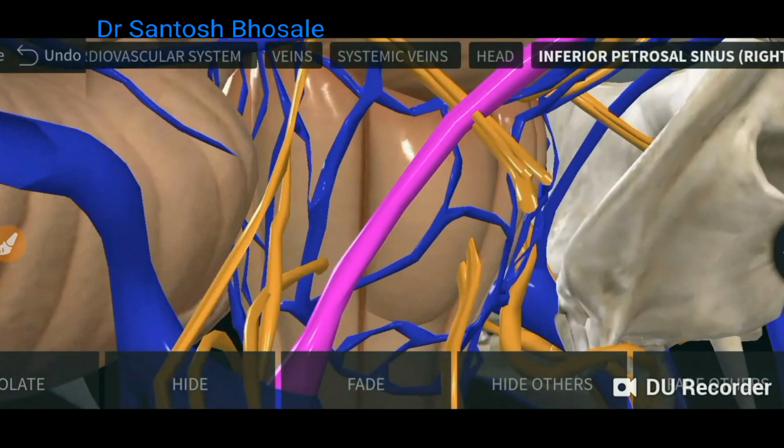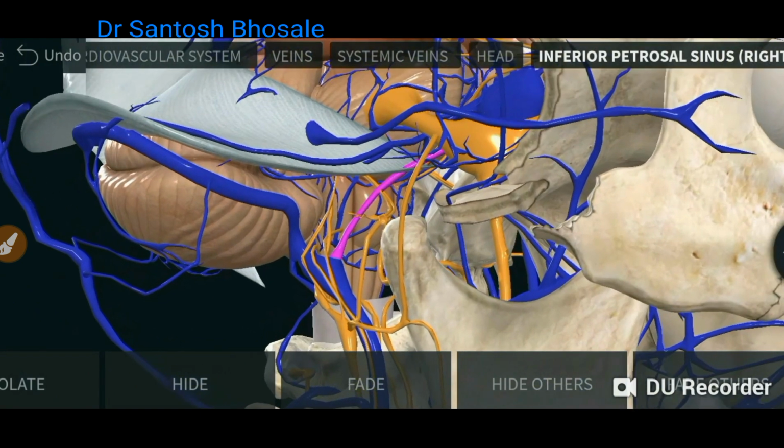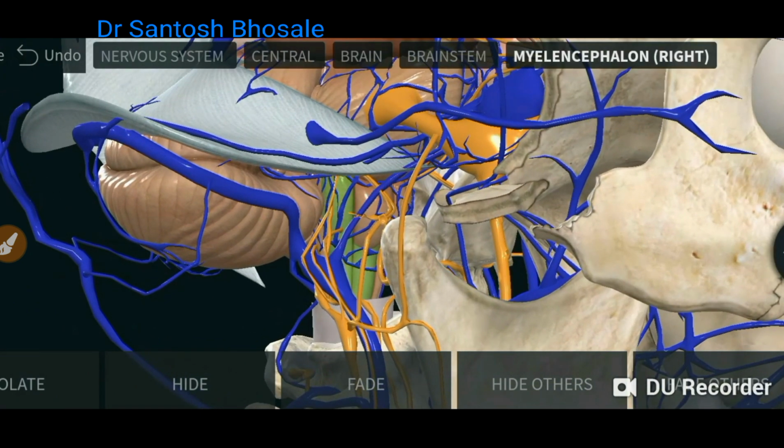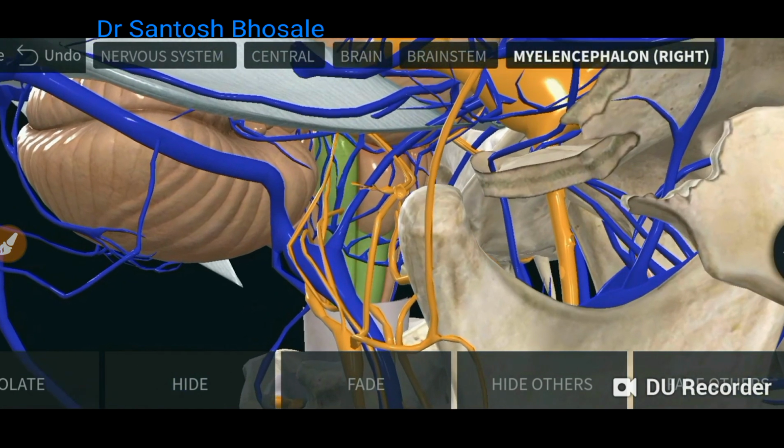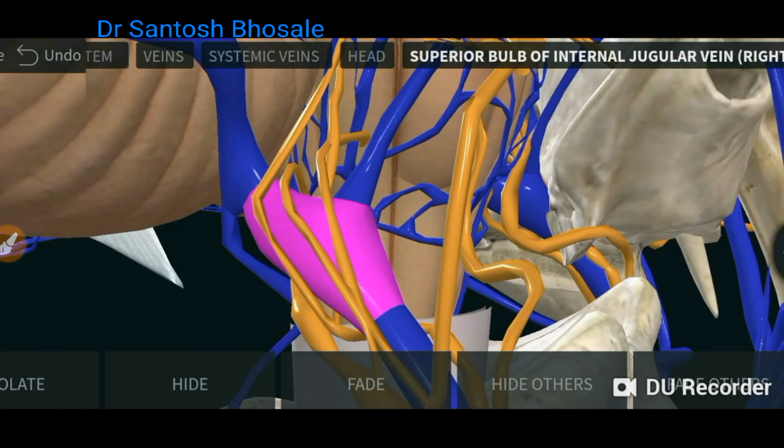Yes, you will see now, that is the inferior petrosal sinus, which communicates the cavernous sinus with the internal jugular vein. You can see the sigmoid sinus is continuing as the internal jugular vein. So any infection from the middle ear or mastoid antrum may spread to the sigmoid sinus because it drains the internal ear there. Temporal diploic veins drain the antrum.